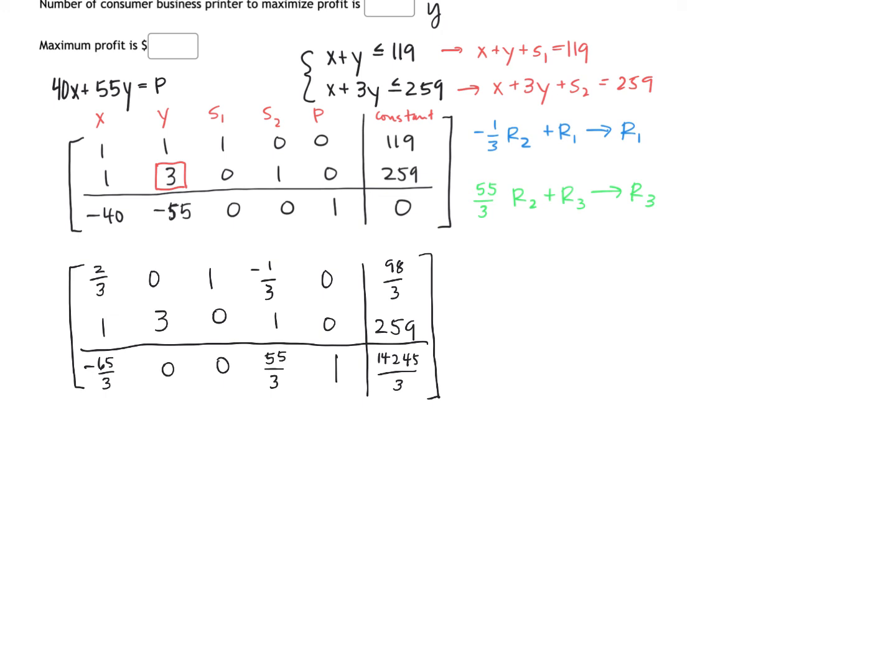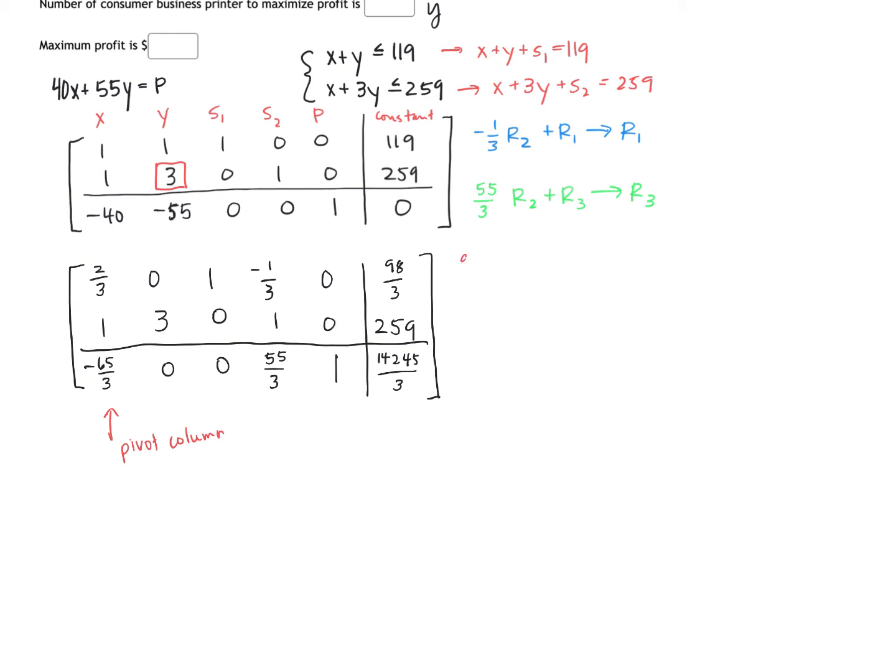The next thing to look at is the bottom row. If you have a negative number still down there, you need to make that your new pivot column. And so we still have negative 65 over 3. So that's now going to be the pivot column. To find the pivot, we're going to do the test ratios.